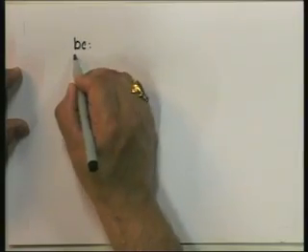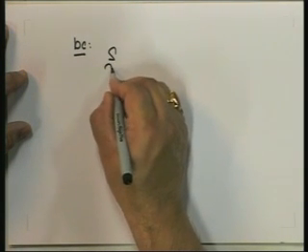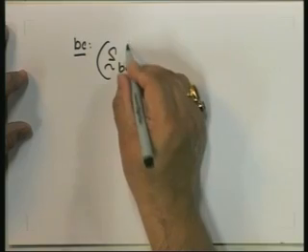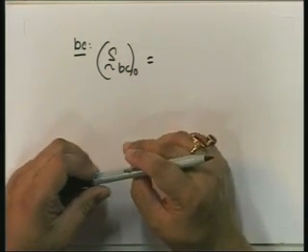The only thing that happens in BC is that, in the previous case we computed it for a 100 kilonewton load at the center, and computed PL upon 8, PL upon 8, and went through with that.